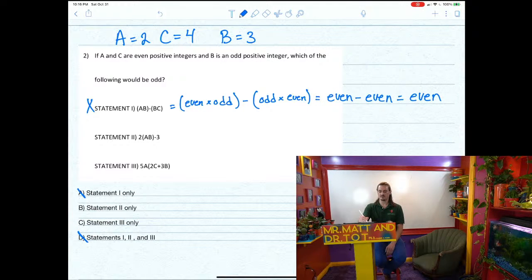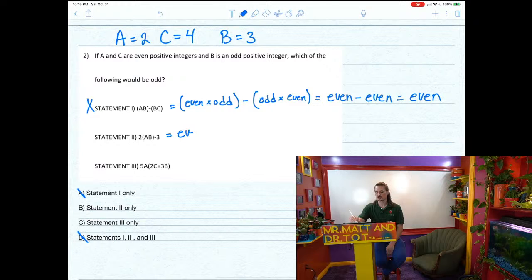So 2 is an even number, so this is going to be even times the quantity of A times B. A is even, B is odd, minus an odd, because 3 is an odd number. Working inside the parentheses first, an even times an odd will always be an even.